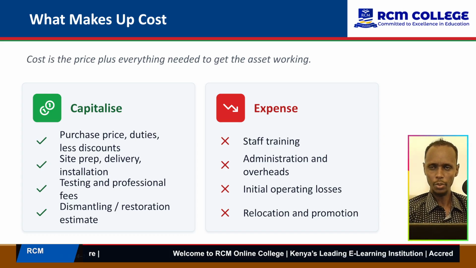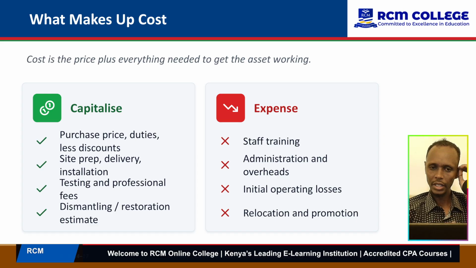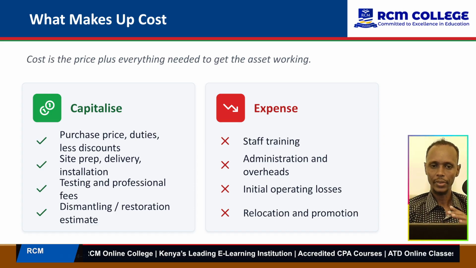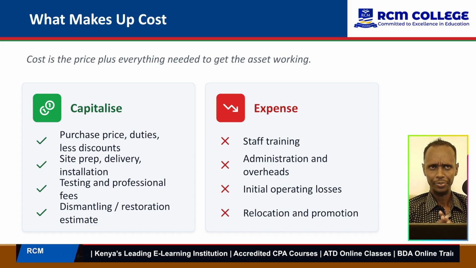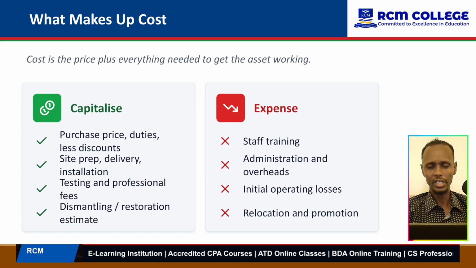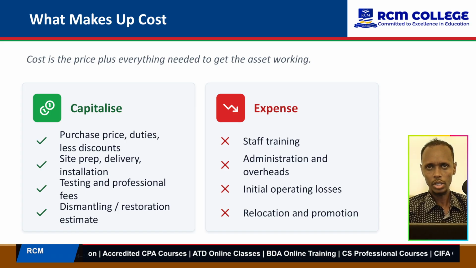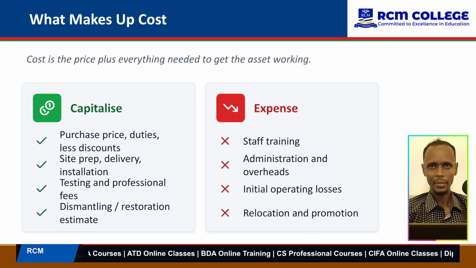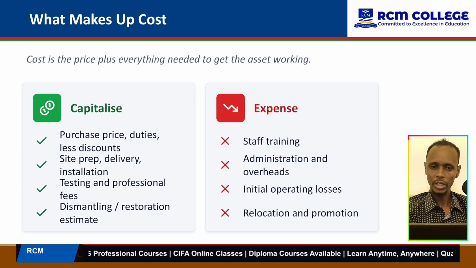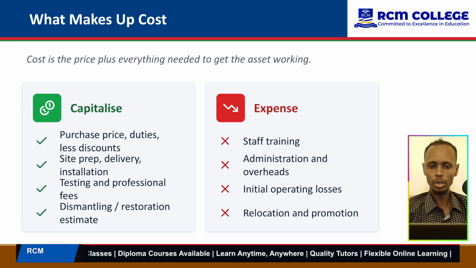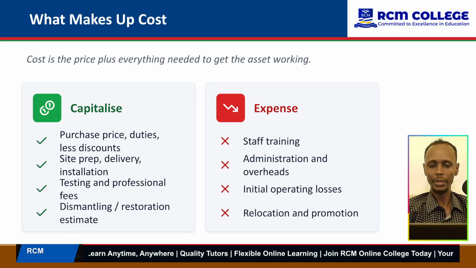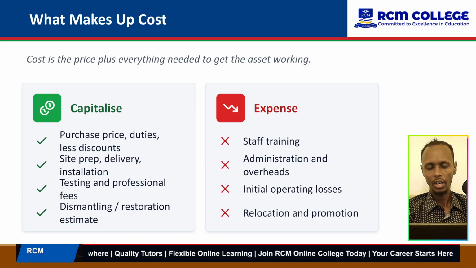Let me give an example like furniture and fittings. So in your office, you have partitioned. It is a rental office, you have partitioned. Since you have partitioned, come 5 or 6 years later, you may move out of that office, then you need to estimate the cost of dismantling, the cost of removing those furniture, the cost of restoring the office, and then you add and capitalize it as part of your assets.